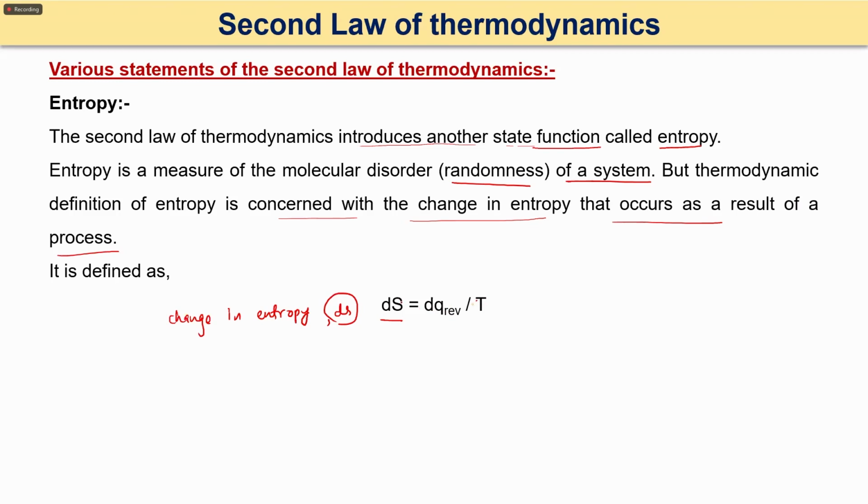So this is your second law of thermodynamics, where entropy is concerned with the change in entropy that occurs as a result of a process. Entropy is nothing but a measure of the randomness of the system.